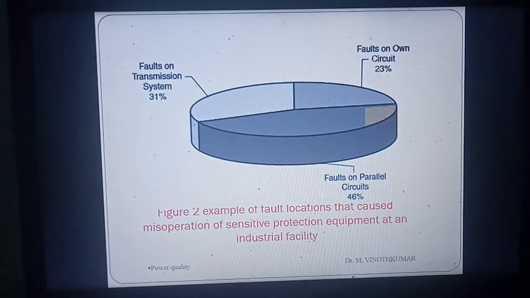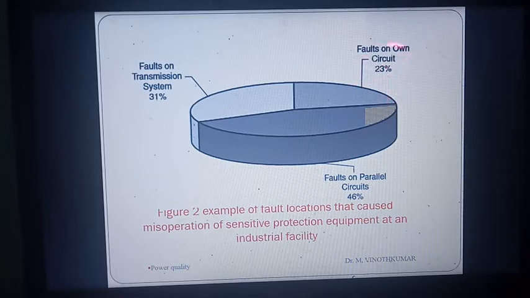And this diagram shows the fault locations that caused misoperation of sensitive protection equipment at an industrial facility. This diagram was taken at this industrial site. Here there are three causes: faults in the transmission system, faults on the parallel circuit, and faults on the own circuit.